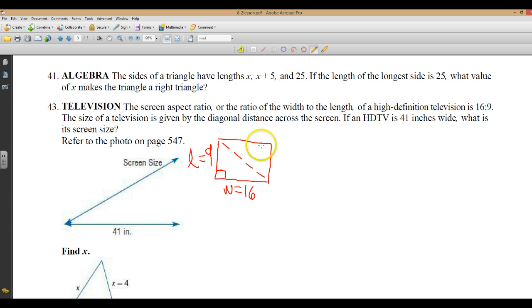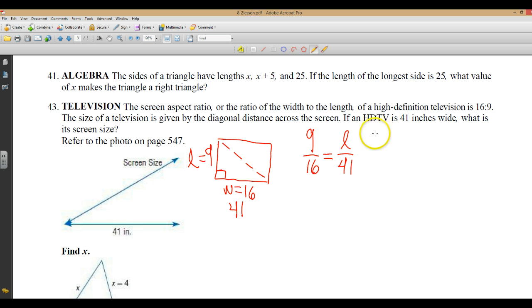So what we can do here is, first of all, we have the width, which is 41, and since this is in a 16:9 ratio, we have to find the length. So 9 is to 16 as length is to 41.